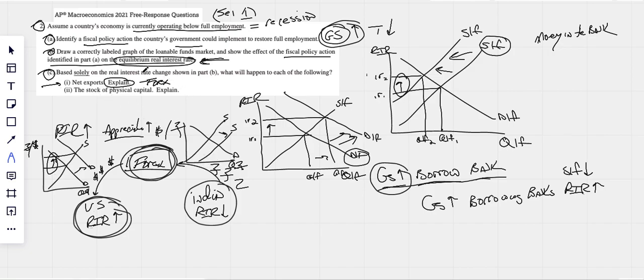Not only do we now need to know what's going on with the real interest rate, which we do, it's going up. That higher real interest rate attracts capital from other countries. They have to buy our dollars to put their money into our banks and get that high real interest rate. That appreciates our currency. When our currency appreciates, that means it's now more expensive for foreigners to buy our goods.